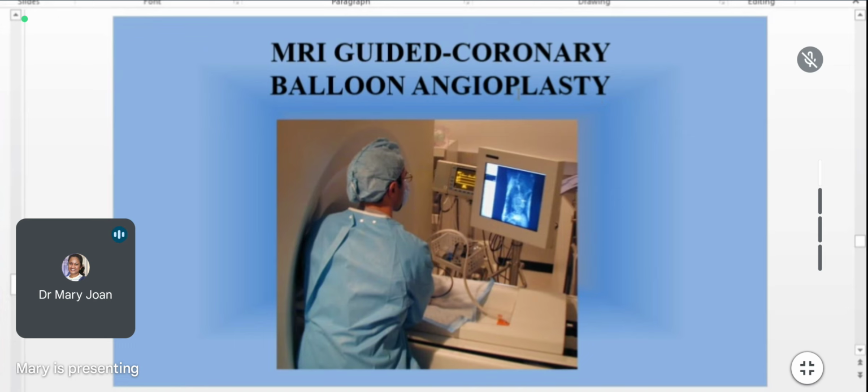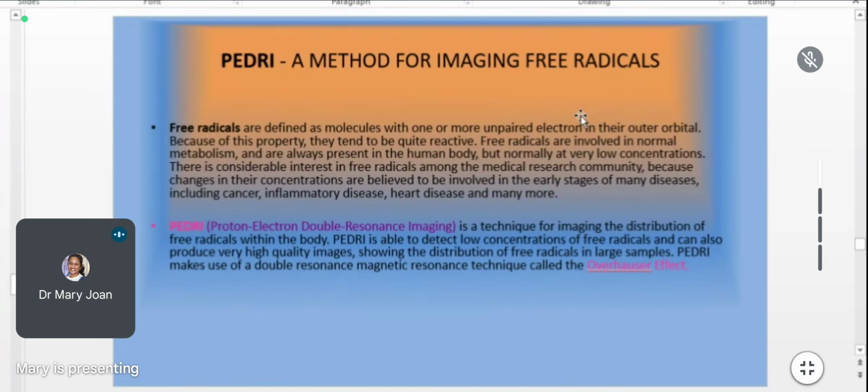So MRI guided coronary balloon angioplasty and PEDRI. So we have seen in the list that it is the method for imaging free radicals. And free radicals are defined as molecules with one or more unpaired electrons in their outer orbit.